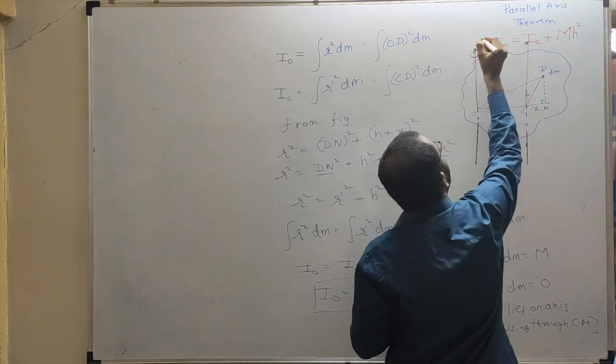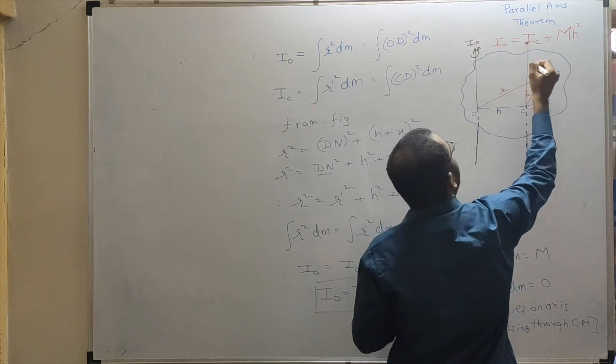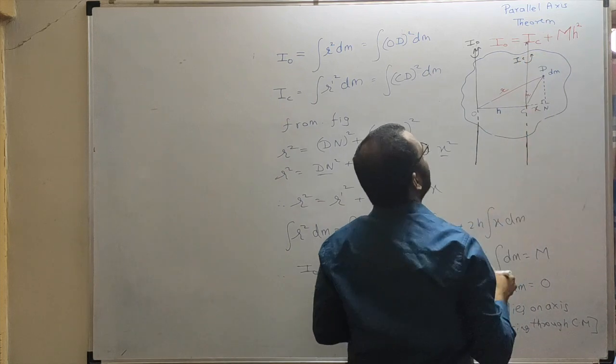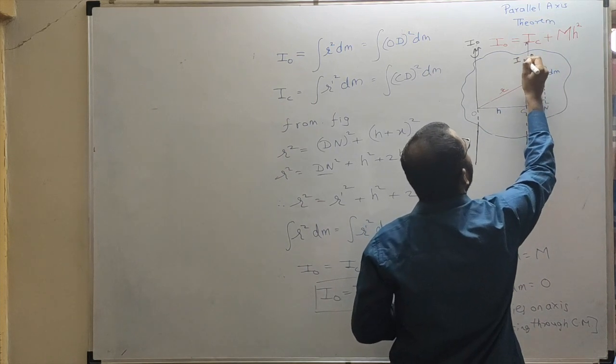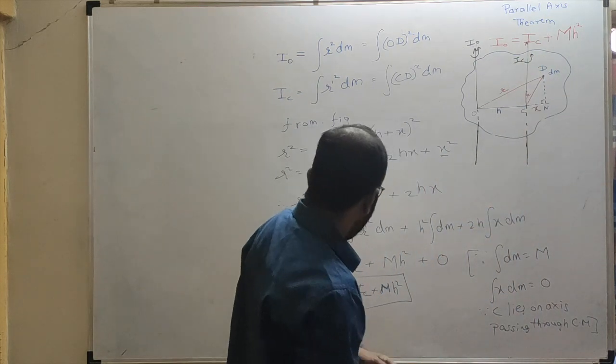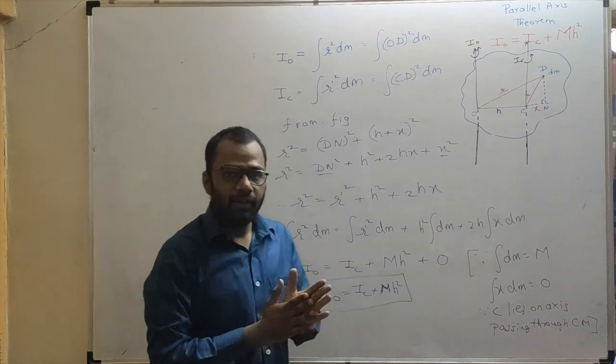So if it rotates about this axis, the moment of inertia is IO. If it rotates about this axis, the moment of inertia is IC. Fine? Alright. So I hope you have understood about parallel axis theorem. Okay?